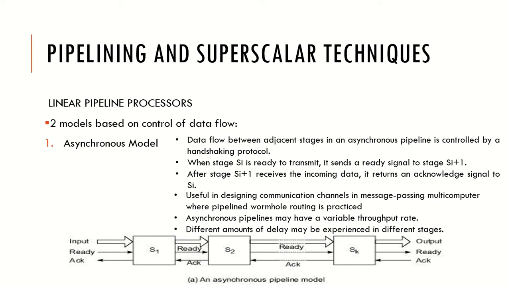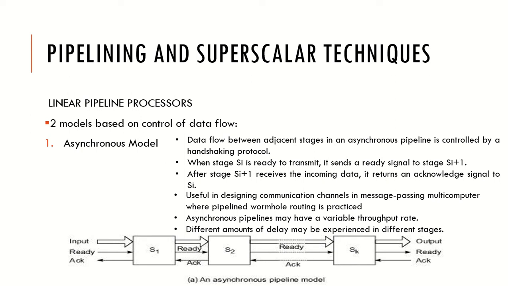Then you cannot guarantee the throughput in an asynchronous model, because it varies from time to time and from stage to stage. Different amounts of delay may be experienced in different stages because of the handshaking protocol. Maybe the stage should be ready to receive, but it is late in sending the acknowledgement signal.